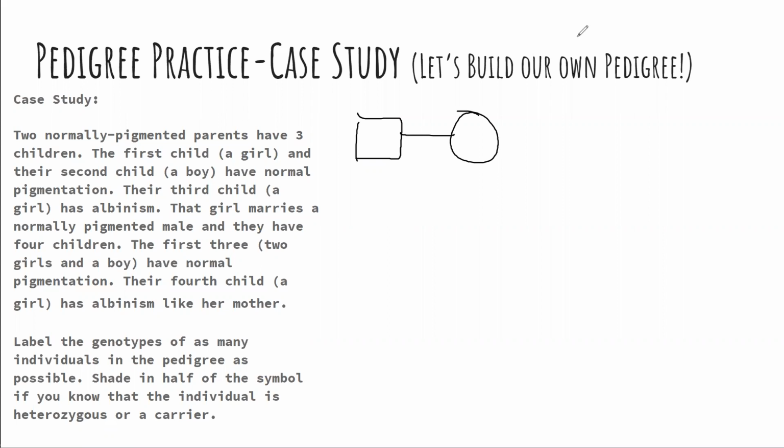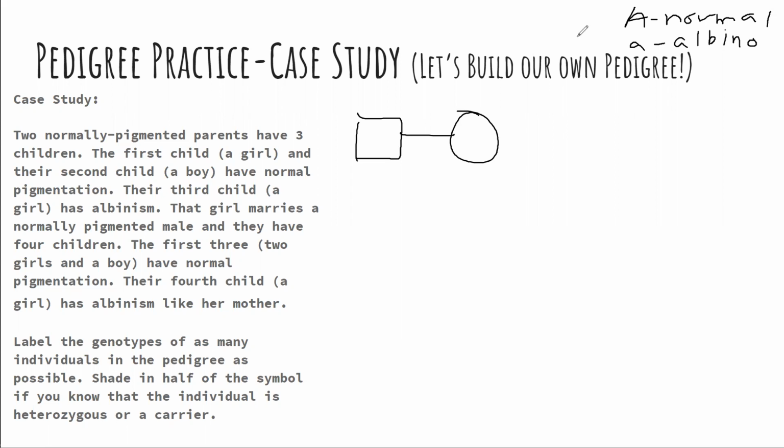They're unaffected. So A is normal and lowercase a is albino. Okay. So 2 normal parents.